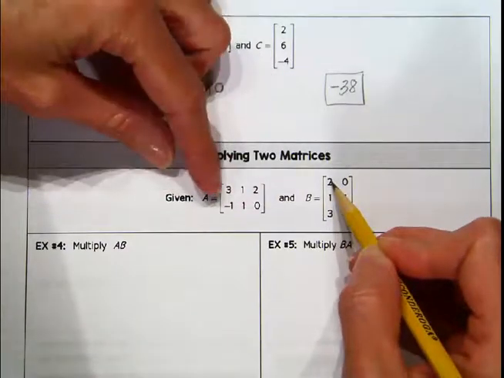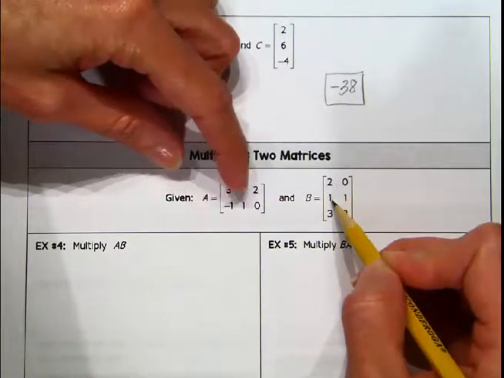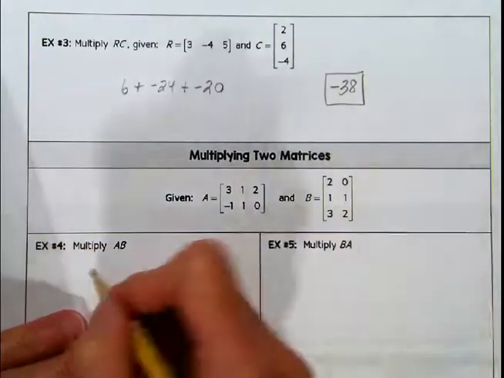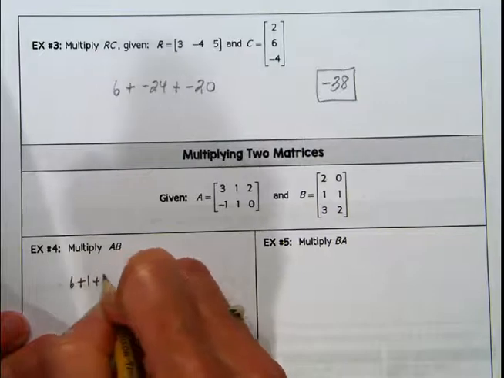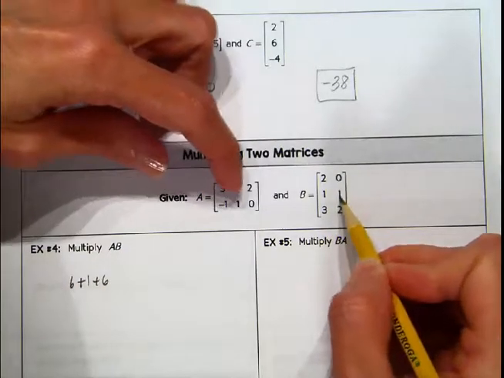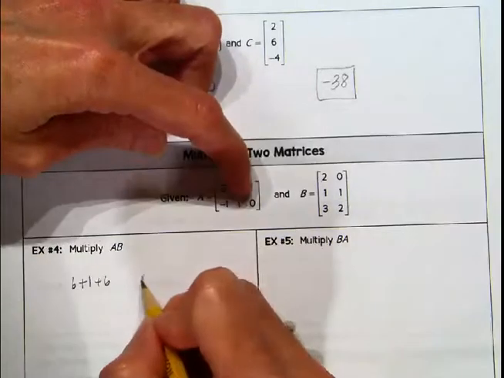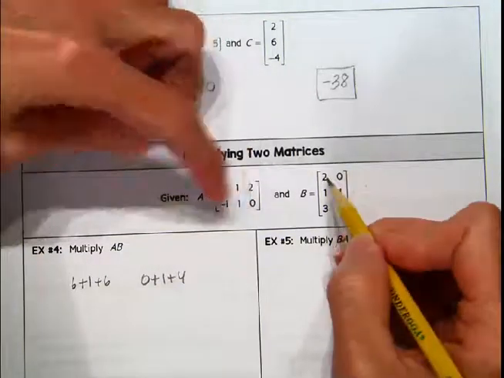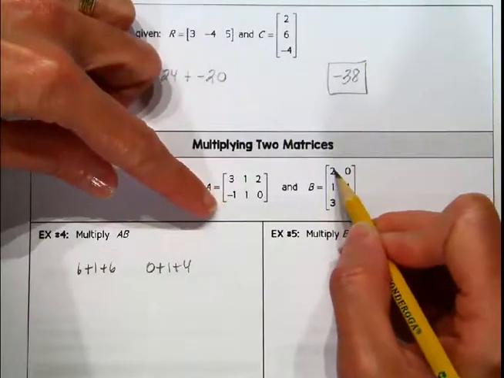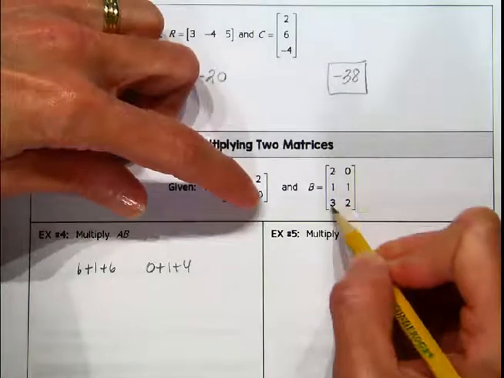So this is 6 plus 1 plus 6 for that first one. Then this would be 0 plus 1 plus 4. Then on the bottom row, the first entry, we're saying -2 plus 1 plus 0.